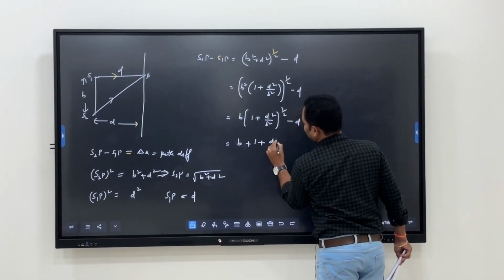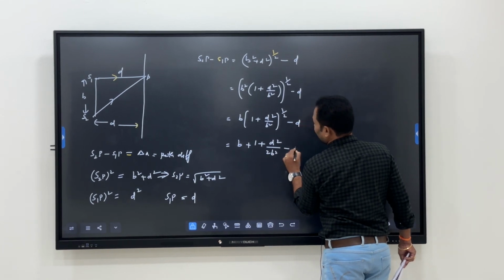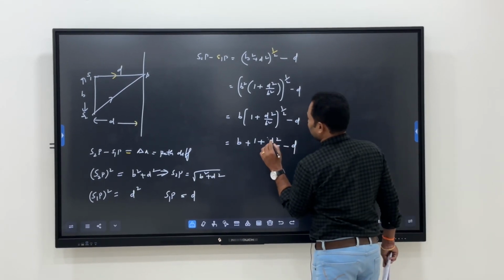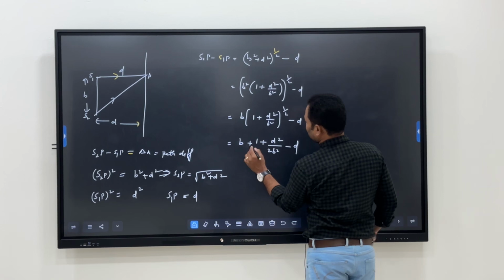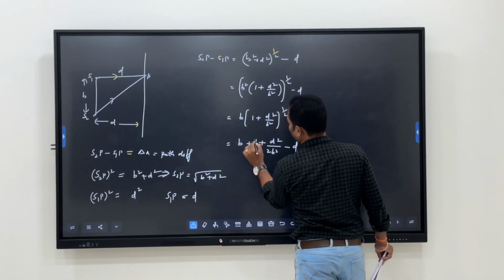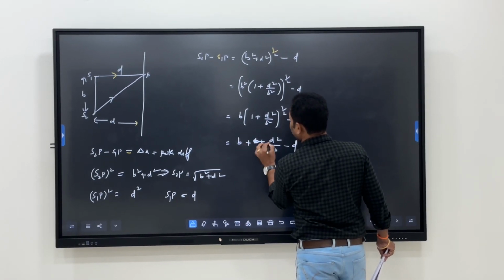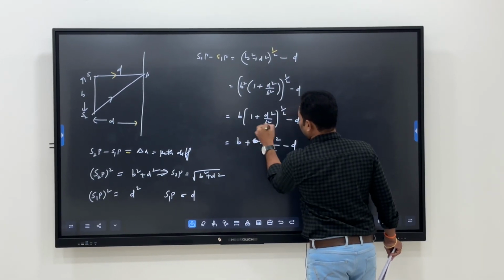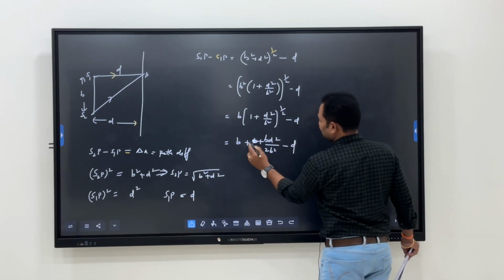So this is b into (1 plus D square by 2b square) minus D, that is b into 1 plus b into D square by 2b square, minus D.